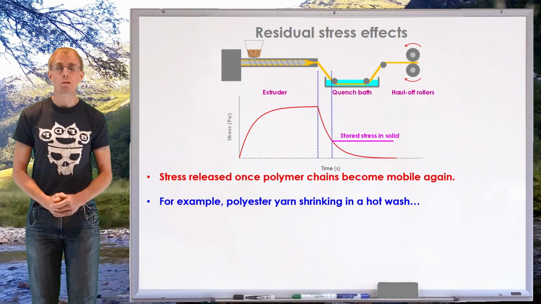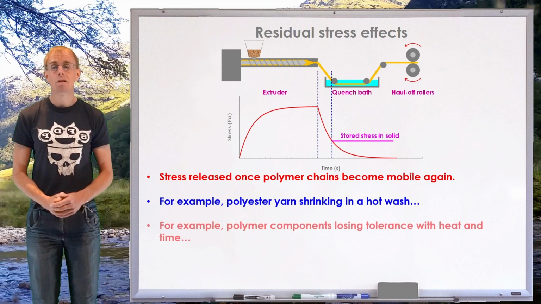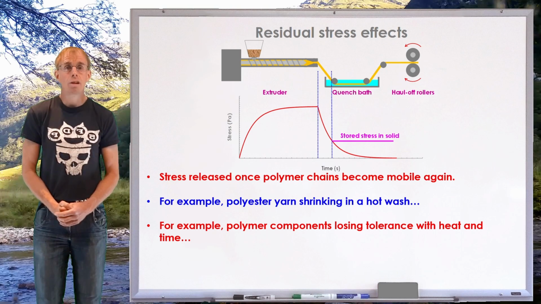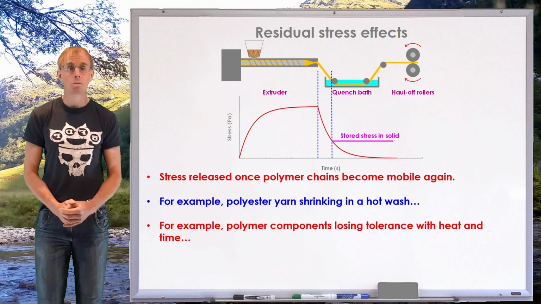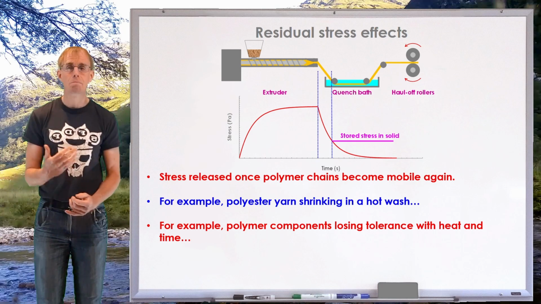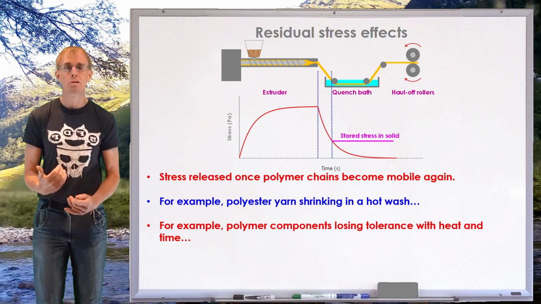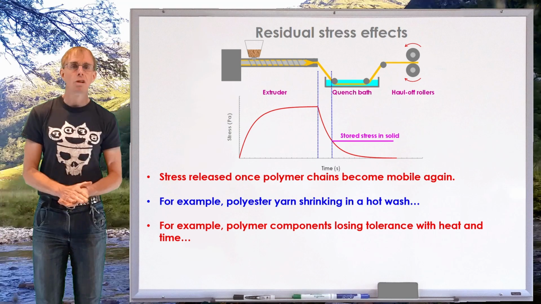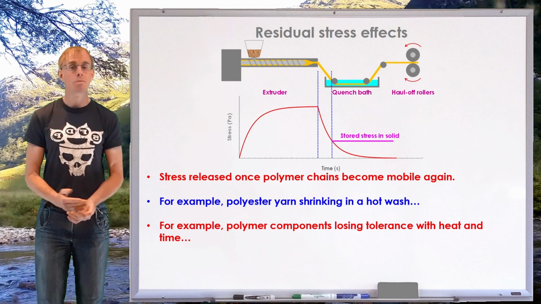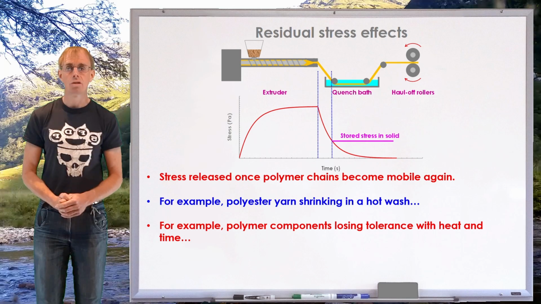What we might also find is that high precision polymeric components may lose their tolerances with heat and with time. For example, if you've got a polymer that is injection molded into a mobile phone case, we all know that mobile phones get pretty warm from time to time, depending on the processor load, and we'll keep them for 2, 3, 4, 5, 6 years.